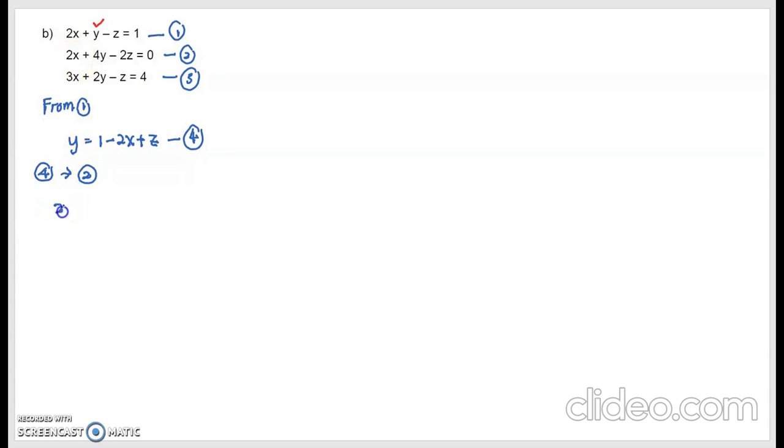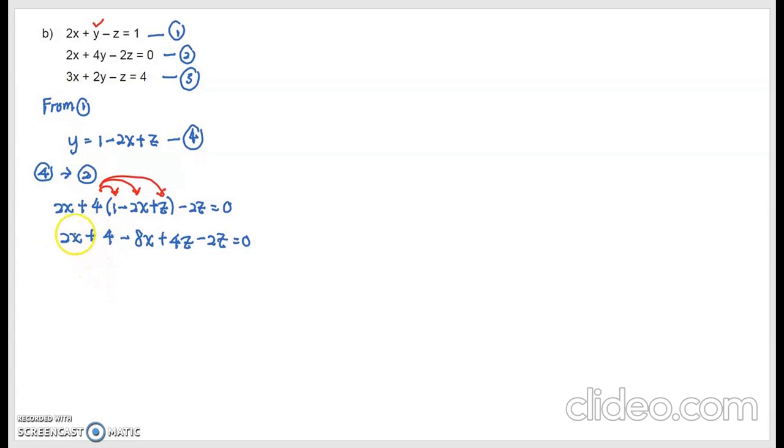So I have 2x plus 4y, where y is 1 minus 2x plus z, minus 2z is equal to 0. I try to simplify. 2x plus 4 minus 8x plus 4z minus 2z is equal to 0. So here I try to expand one by one.